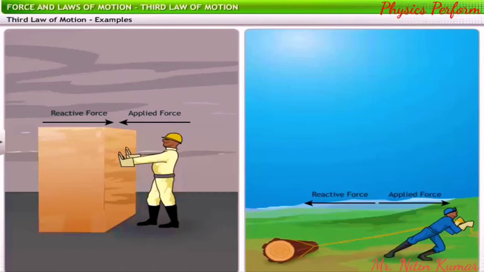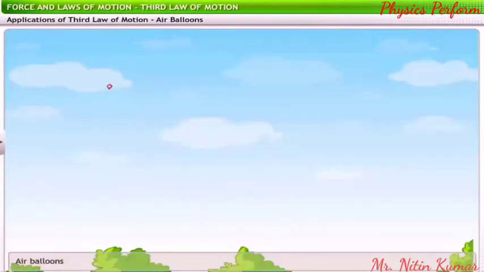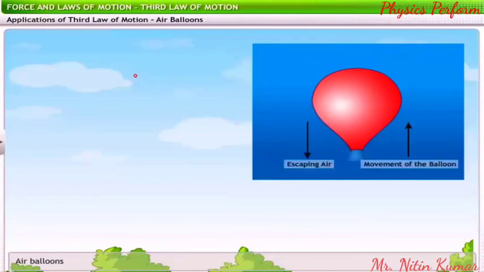The functioning of a lot of applications we use is based on Newton's third law of motion. Let's look at a few examples. Blow a balloon and release it without tying up the opening. The air inside the balloon escapes downward through its opening.